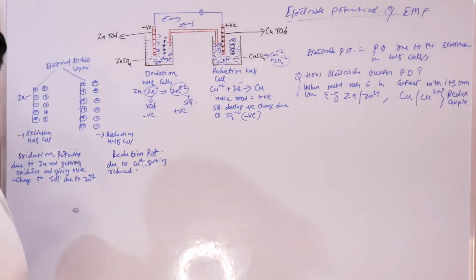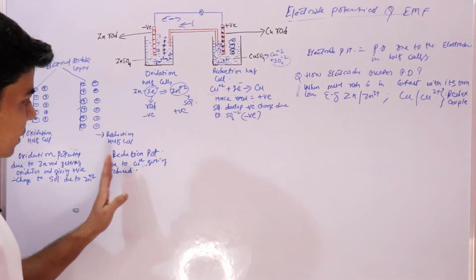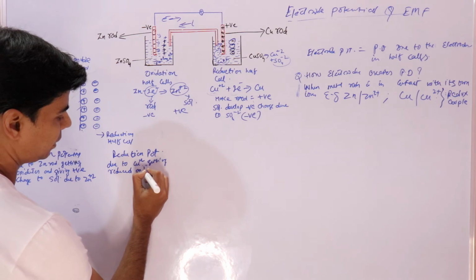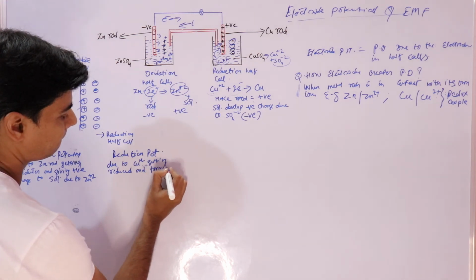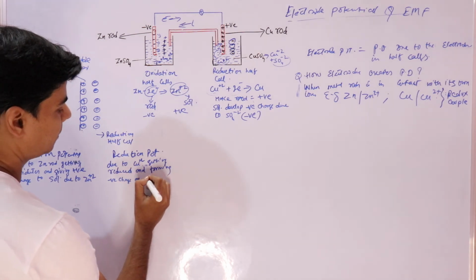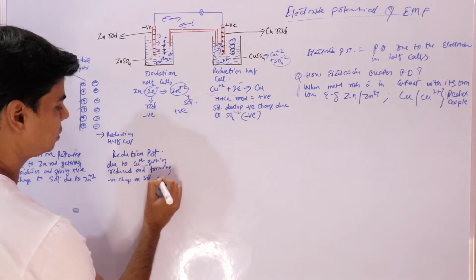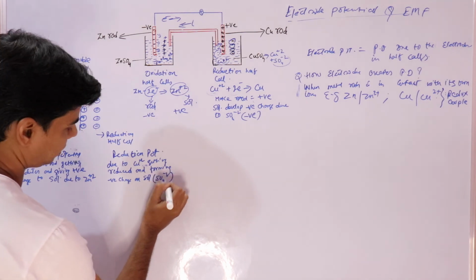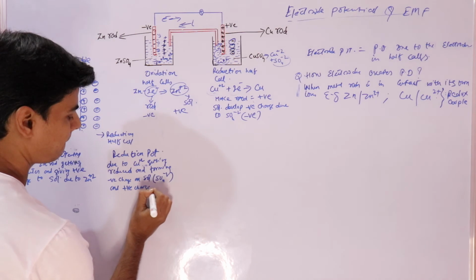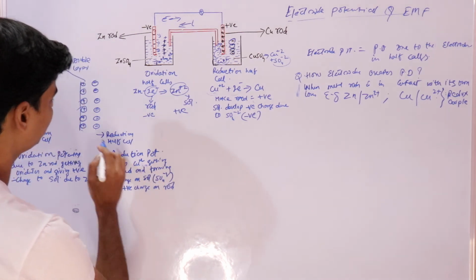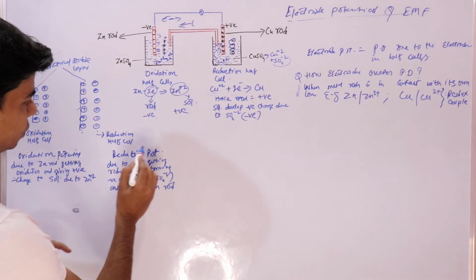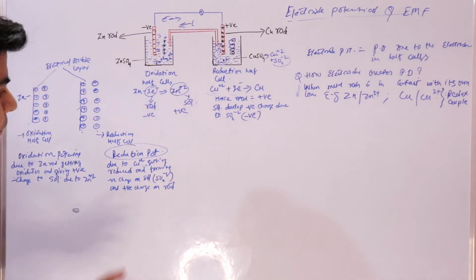Reduction potential due to copper is due to copper ions getting reduced, right, and forming negative charge on solution due to sulfate ions and positive charge on rod, right? This is on rod, this is on solution. So we have potential difference which is known as this reduction potential, right?